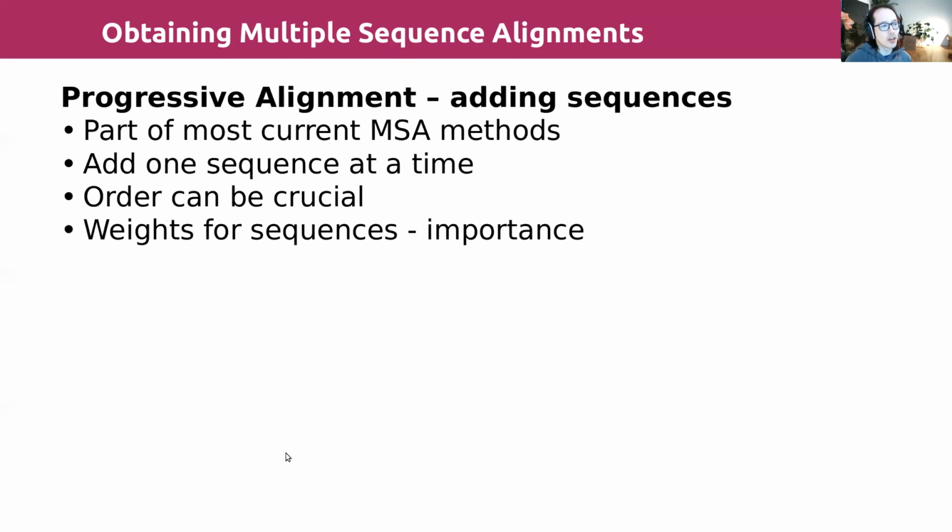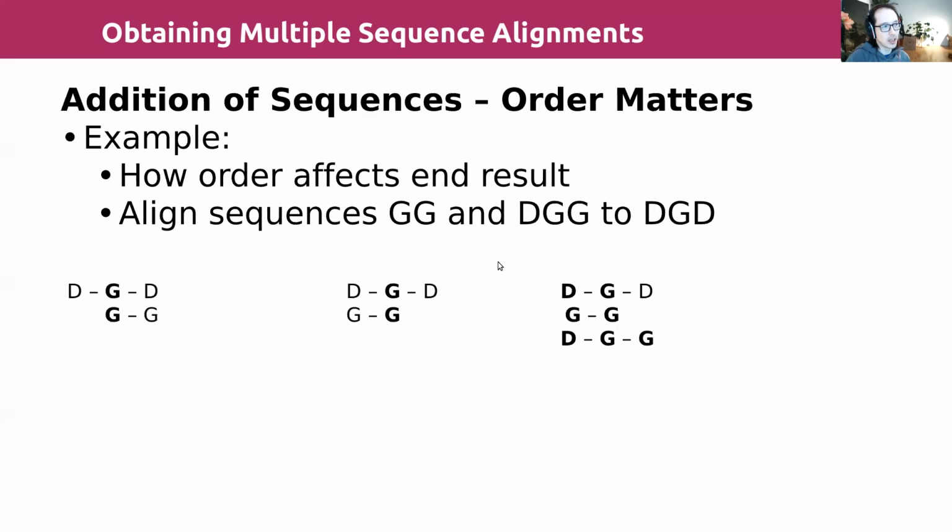So perform another alignment with those fixed sequences. And the thing to note in this is that the order of sequences can be very important. And because the order is also important, we might attribute particular weights to certain sequences. Some sequences maybe have higher quality data, and we maybe want to align those first because the order that we align the sequences in is going to impact the results we get.